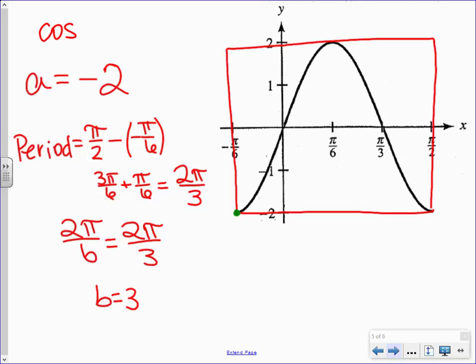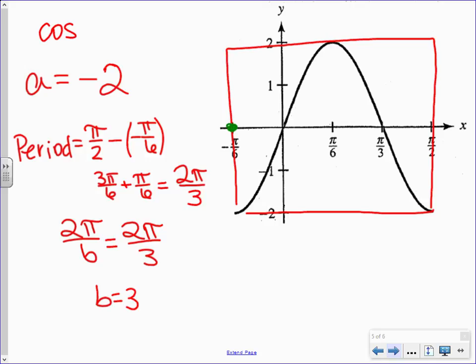Is that where we would start our frame if we were drawing it? No. Okay, so where should it be instead? I like the negative pi over 6. But instead of negative 2, where should we move it to?